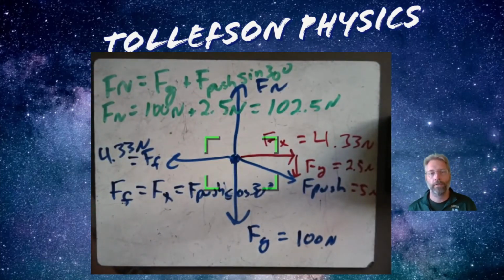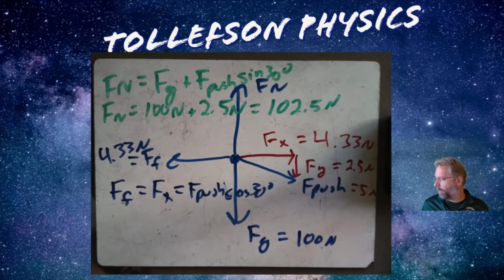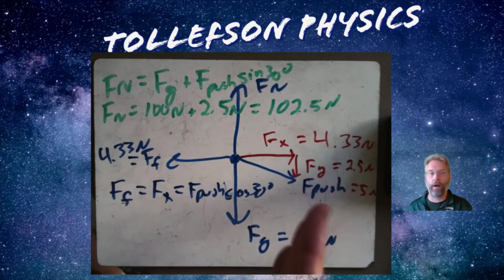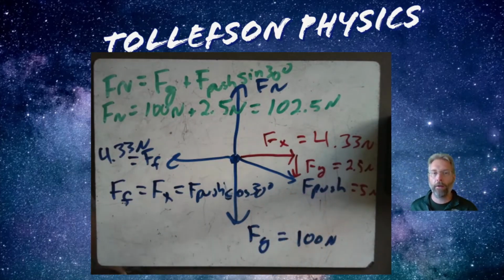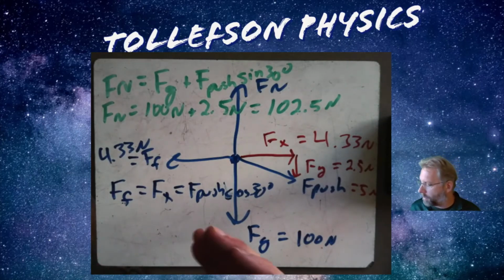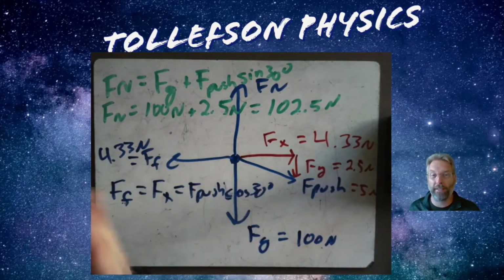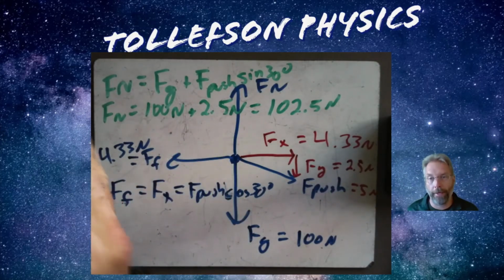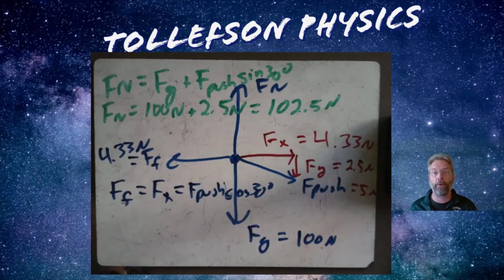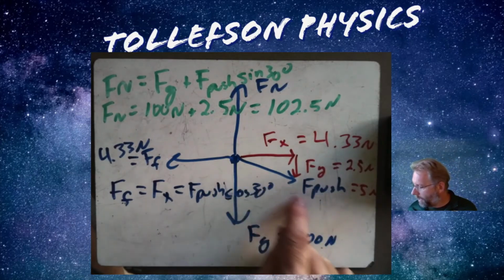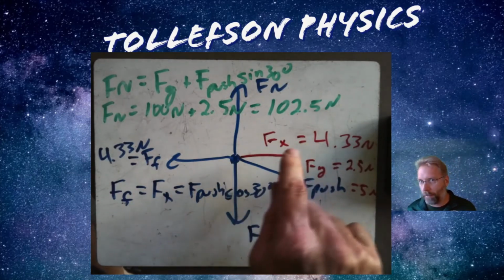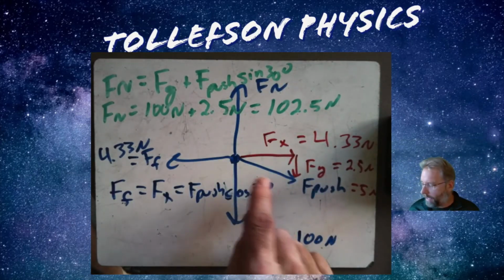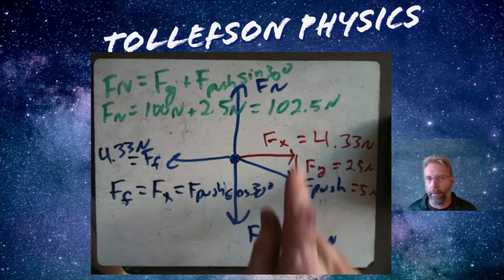All right. So what do you need to do to figure out a problem like this? What you need to do is draw a force diagram. And then, okay, it's balanced. How do I make it balanced? Generally speaking, I could say all my up arrows equal all my down arrows. And I could separate that out. All my right arrows equal all my left arrows. And if you think about it that way, then we need to take this one arrow that has a little bit of right and a little bit of down, and figure out how much is to the right and how much is down.